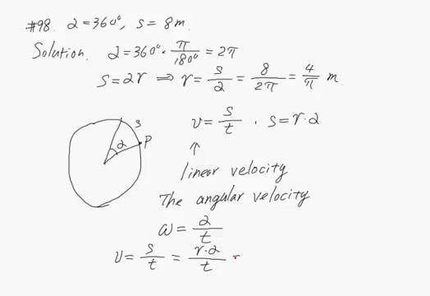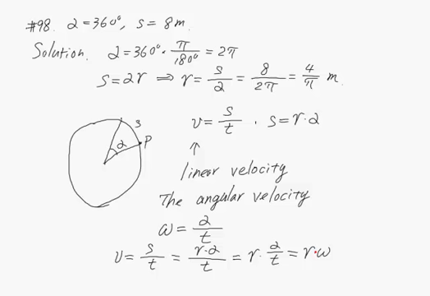Then we may rewrite this as r times alpha over t. So now this alpha over t is just the angular velocity of this point P. So this linear velocity is equal to the radius times the angular velocity omega. So now we get the relationship between the linear velocity and angular velocity of one point on a circle with the radius r.